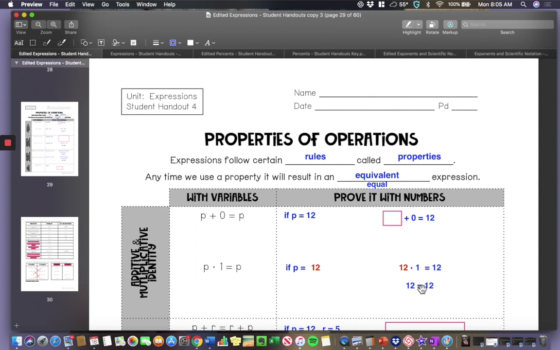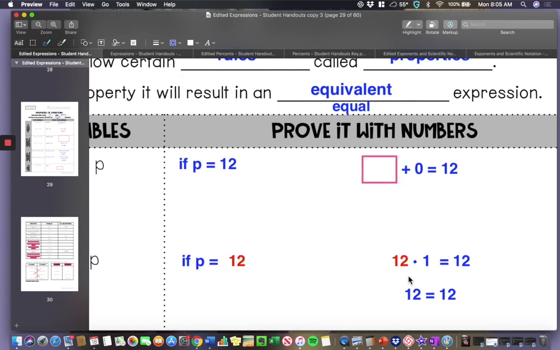All right. And to show balance here, 12 times 1, if you remember your order of operations, will equal 12. So that's where we get this 12 from.